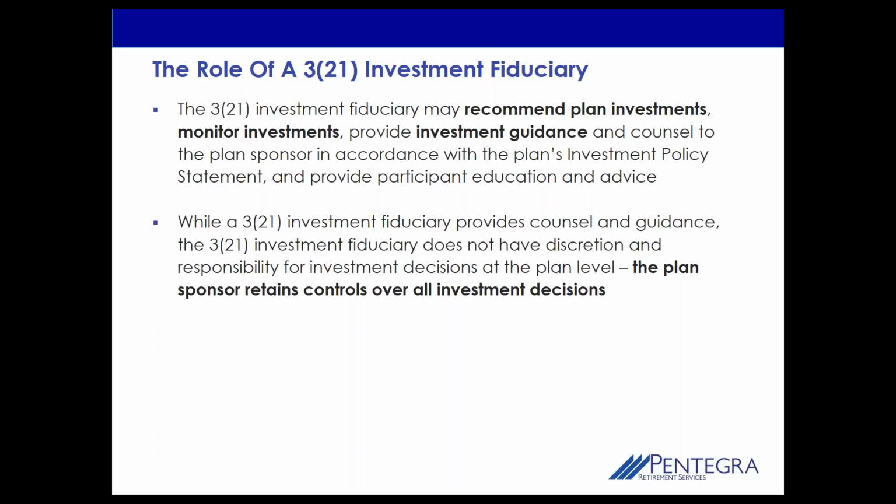So, if a fund, quote unquote, has been underperforming, or for whatever reason, if the 321 investment fiduciary says, well, my recommendation is to remove that fund from the plan and replace it, well, there's kind of a fiduciary decision that has to be made at the plan sponsor level to either agree or disagree with that recommendation. So it comes down to, I think, a lot of the heavy lifting of a 338, but the client or the plan sponsor retains the final authority over that decision.